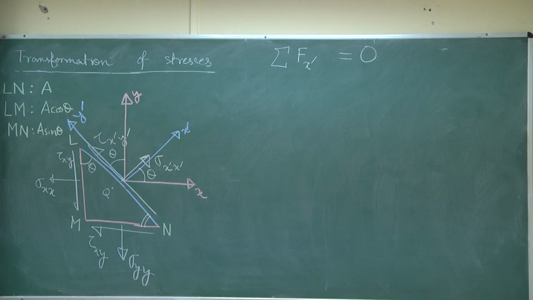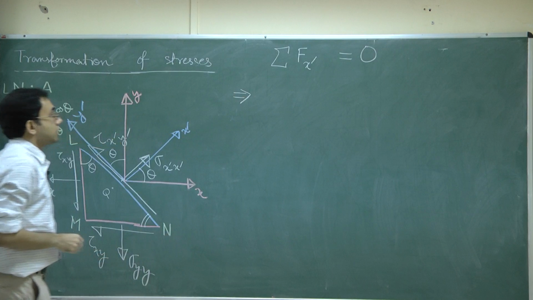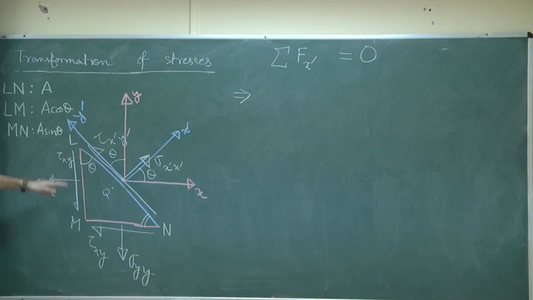Okay. Why do we need that? We need that because in order to go from these stress components to the forces, I would need to multiply by the appropriate area. That is the whole motivation of considering this. So, first of all, I will consider my face represented by the edge LM.